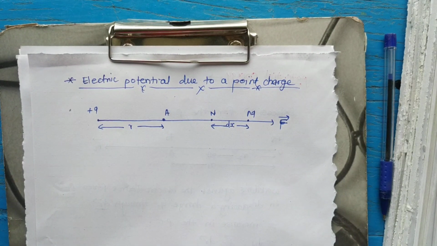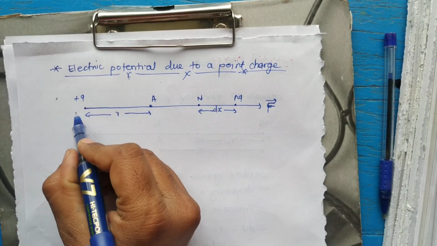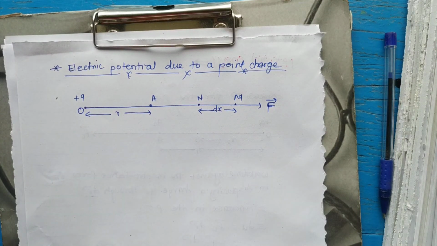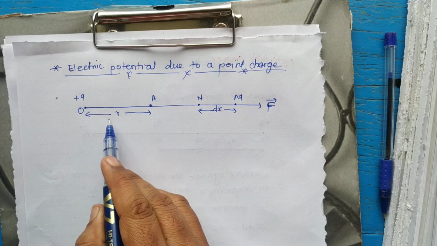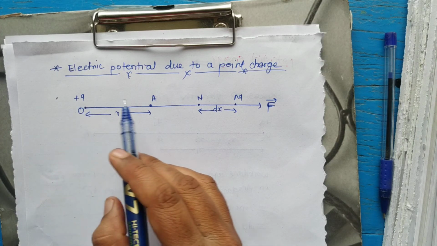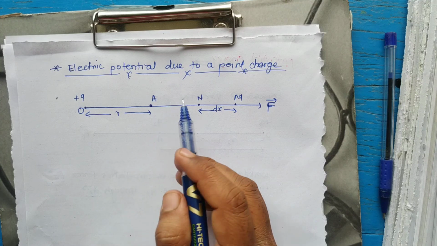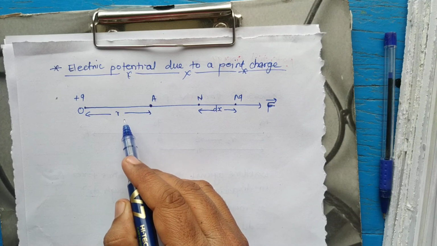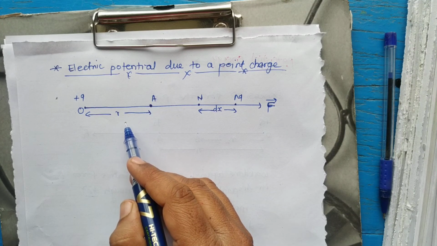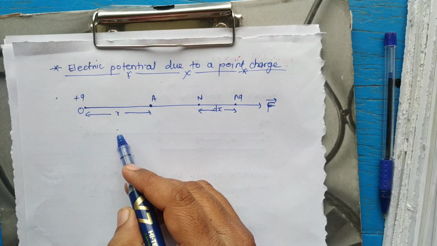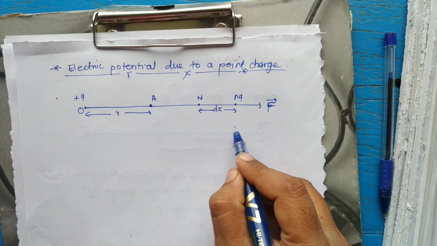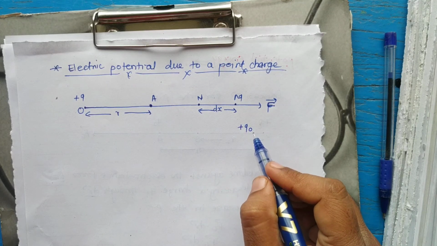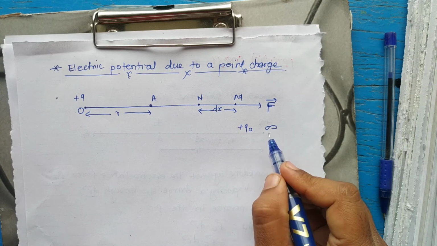A point charge plus q is located at the point O. We need to determine its potential at a point A at a distance r from it, at a distance r. So let us consider a plus q naught charge, a test charge, initially at infinity.